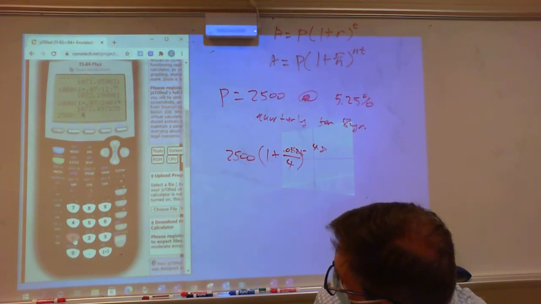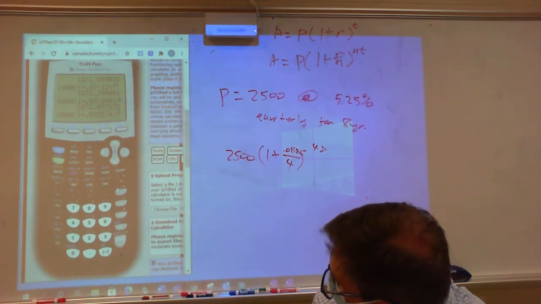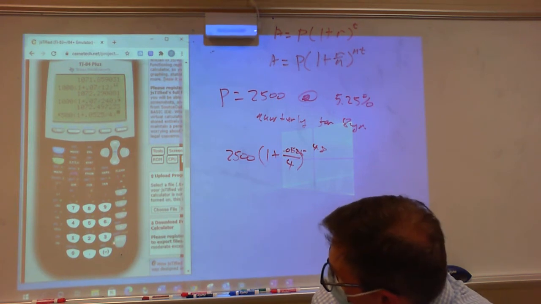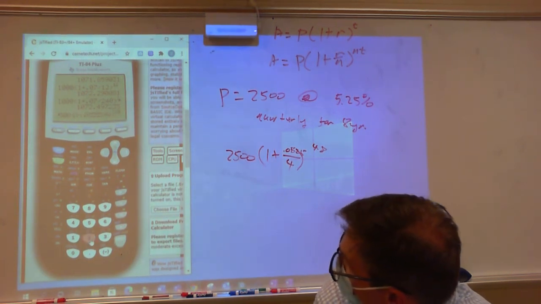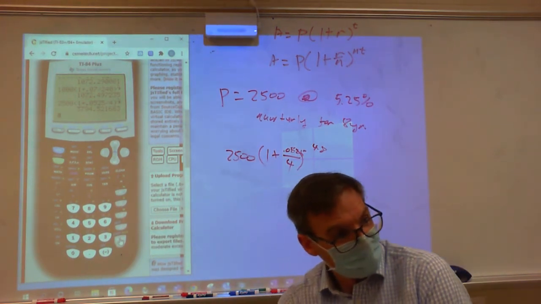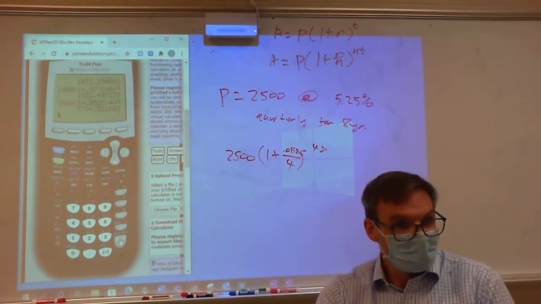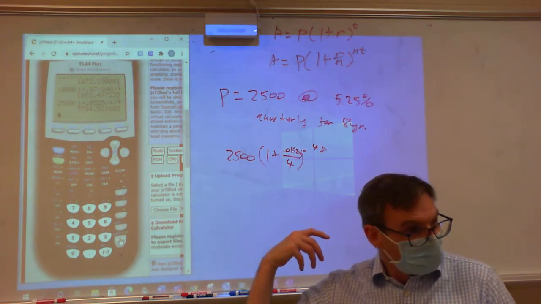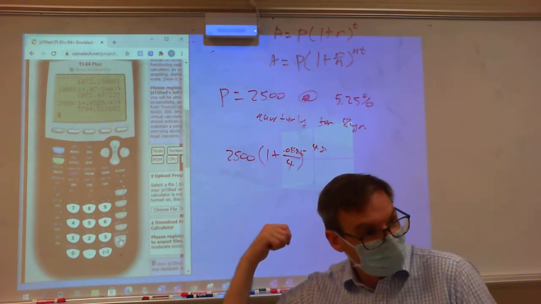And we're going to do 1 plus 0.0525 divided by 4, raised to the, you could say 4 times 8, or you could just say 32. And so how much did we get? Okay. Does everybody see how that worked? Are we okay using that formula?